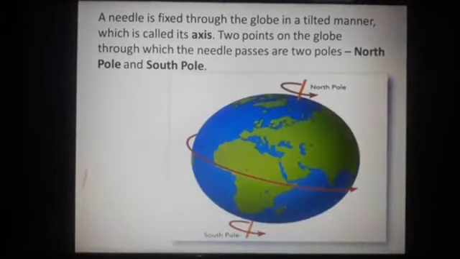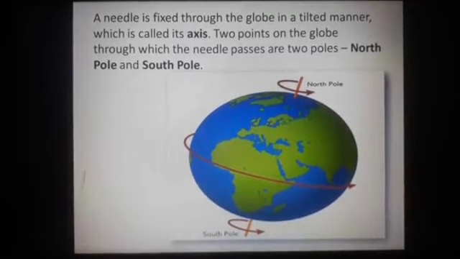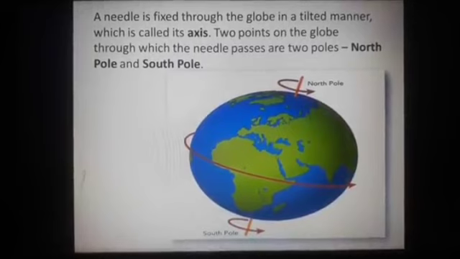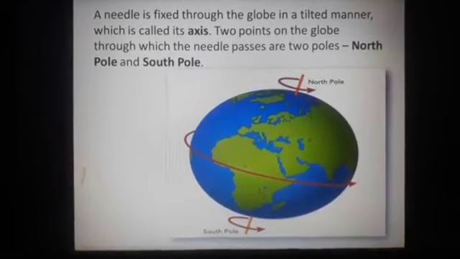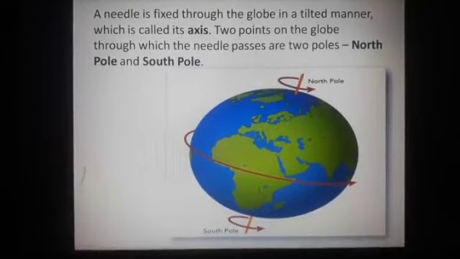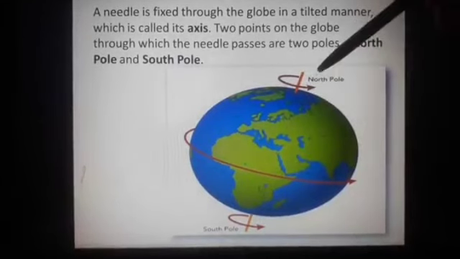But it is difficult to describe the location of a point on a sphere like the Earth. Now the question arising is how to locate a place on it. We need certain points of reference and lines to find out the location of places. Now you will notice that a needle is fixed. You can see the orange color of line.